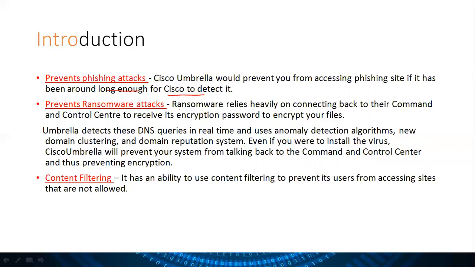If that command center server's DNS query is fishy, and it also uses complex algorithms to detect whether the reverse connection the script is trying to make is safe or not, accordingly it will block it.